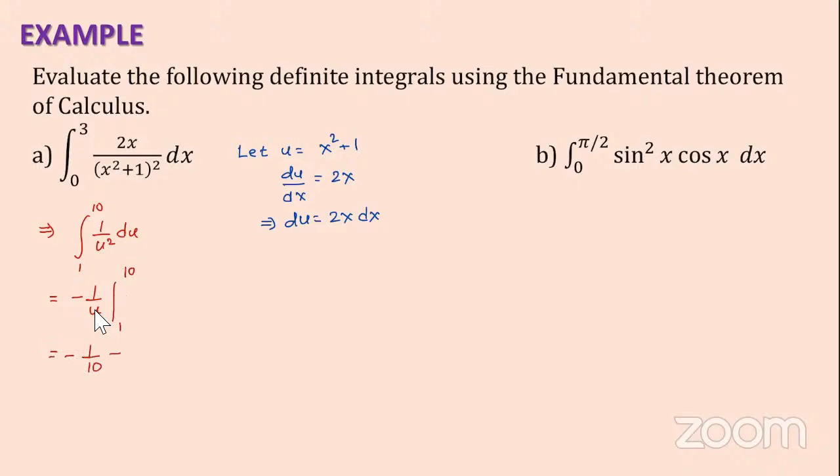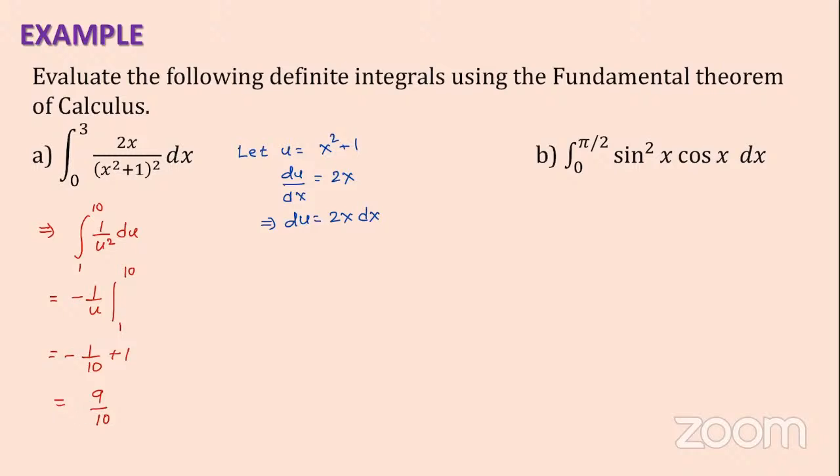We subtract and plug in the lower value. If I plug in 1, it will be 1 over 1, which is 1, with the negative sign in front, that is negative 1. So I'm subtracting a negative 1, which is the same as adding 1. Now we have 1 minus 1/10, which is 9 over 10. That is the result for the first part.